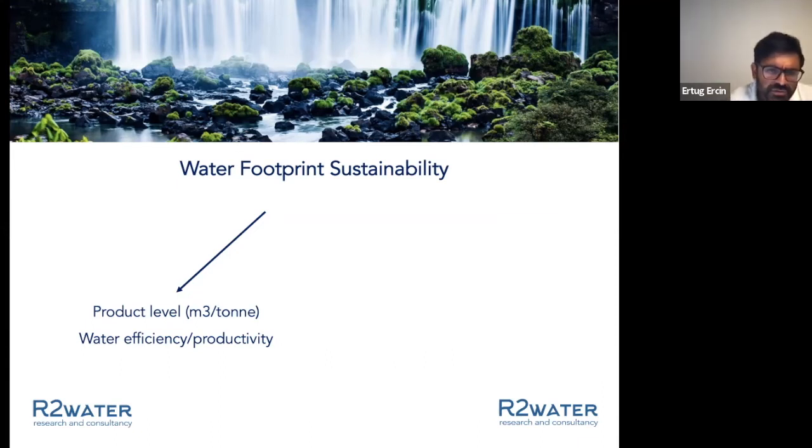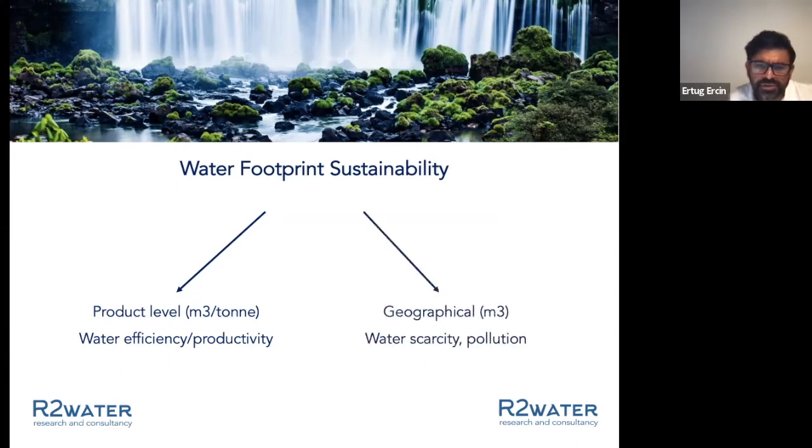This is important, but there's also geographical information, which means how many gallons of water you use in total on an annual or periodic basis.